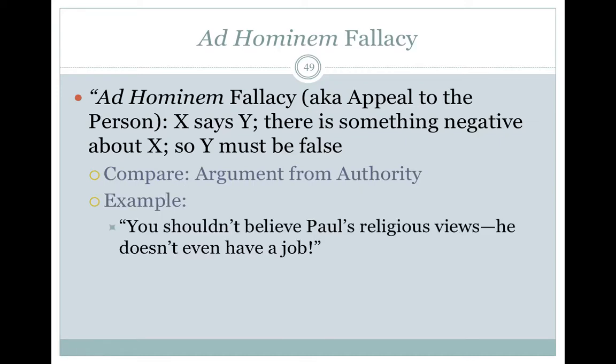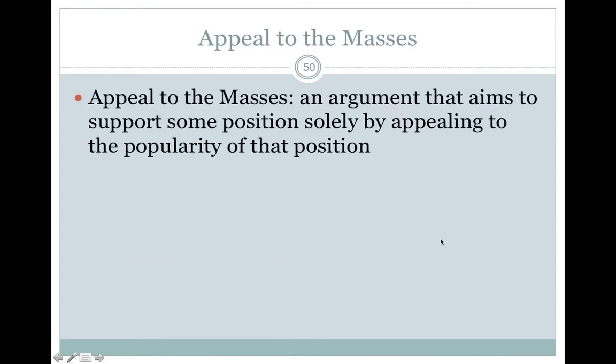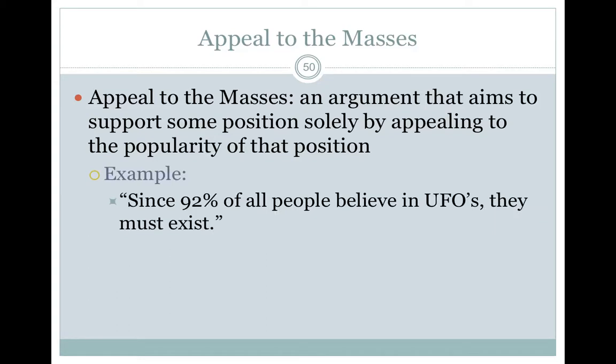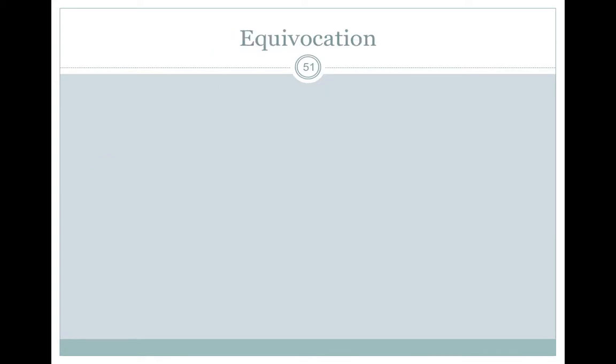And here's an example. You shouldn't believe Paul's religious views. He doesn't even have a job. That's an attack on Paul rather than his views, and it doesn't seem like a good reason for rejecting his views. An appeal to the masses is an argument that aims to support some position solely by appealing to the popularity of that position. So, since 92% of all people believe in UFOs, they must exist.